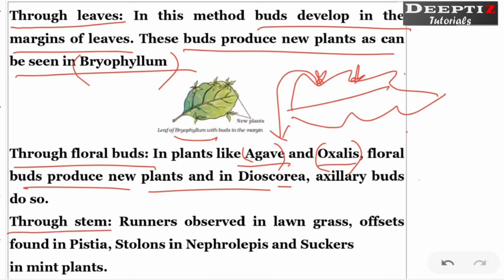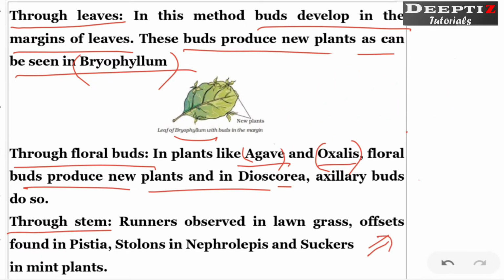Now through stem, this is very important, very important, we must say. Let's see what all these are. We know the examples of vegetative propagation: through root, through leaves, through buds, and now through stem. There are different stems given here which can propagate vegetatively.